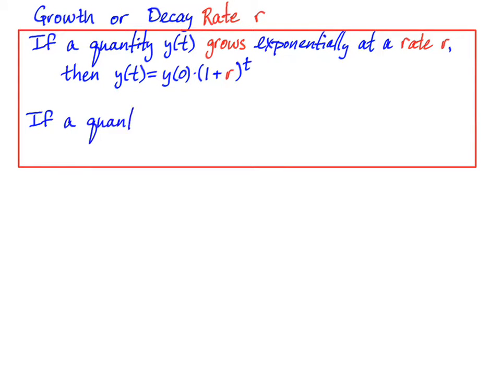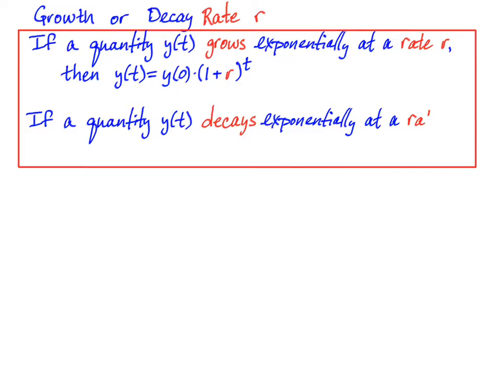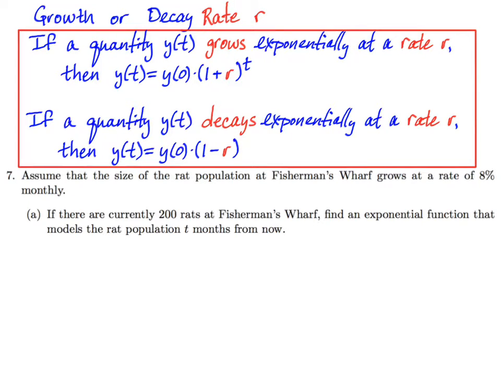Sorry. So if the quantity y of t decays exponentially at a rate r, then we can write down y of t is going to be the initial amount times 1 minus r raised to the t.